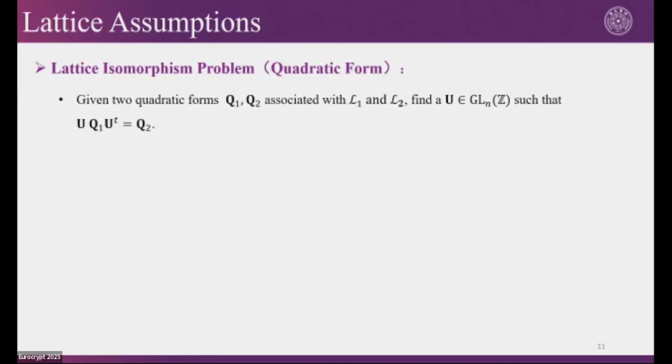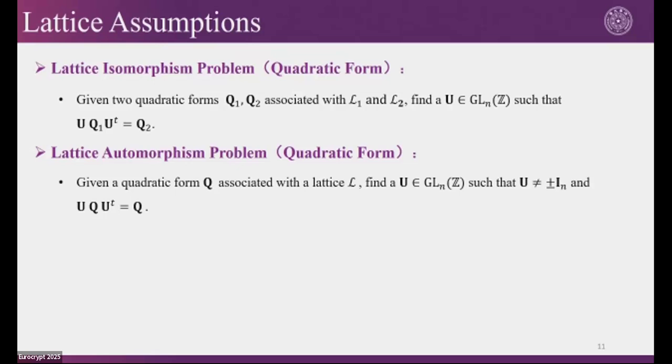Okay, next we introduce some lattice assumptions. Firstly, the lattice isomorphism problem, which means given two quadratic forms Q1 and Q2 associated with lattices L1 and L2, you need to find a unimodular matrix U such that U times Q1 times U transpose equals Q2.